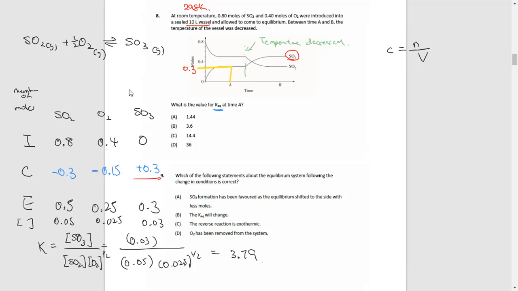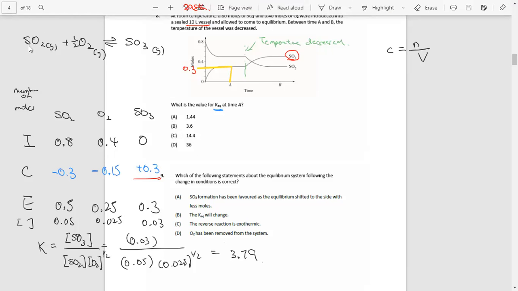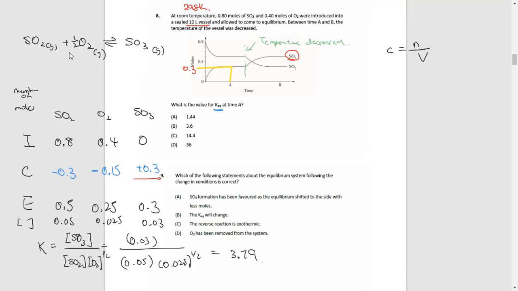We had 0.03 over 0.05. So that would suggest that, I mean, the closest answer there is B, but having said that, we should probably check out what happens if we use, so we'll just quickly do everything again, but using the equation 2SO2 plus O2 to give you 2SO3.